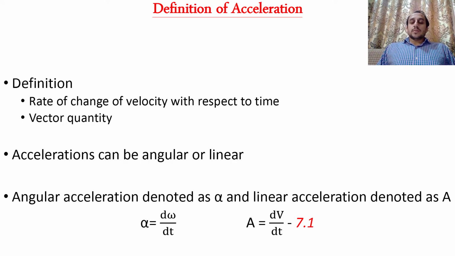Angular acceleration is basically the time rate of change of angular velocity, whereas linear acceleration is the time rate of change of linear velocity, dv by dt.